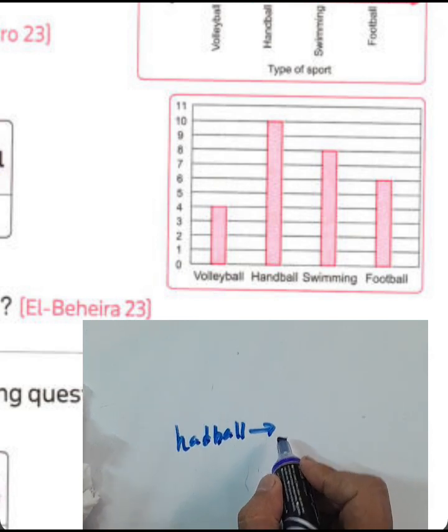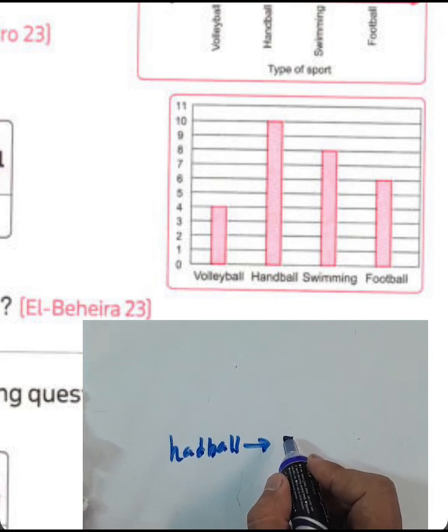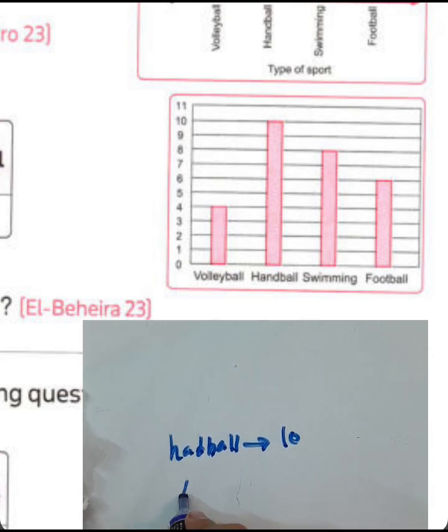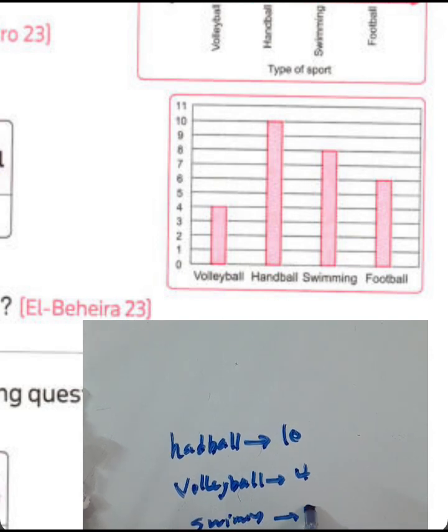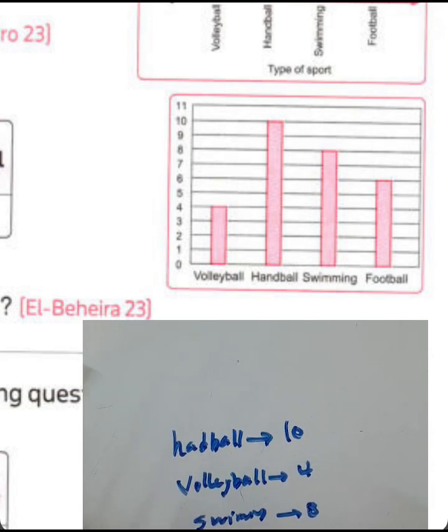Handball was 10, volleyball was 4, swimming 8 and football 6. You can complete the table here.